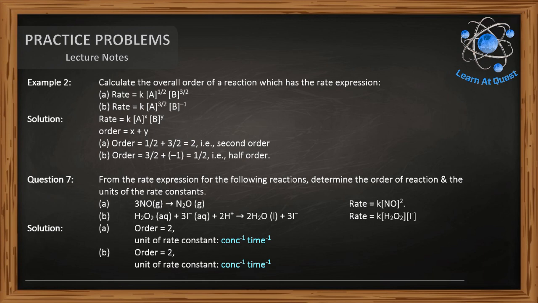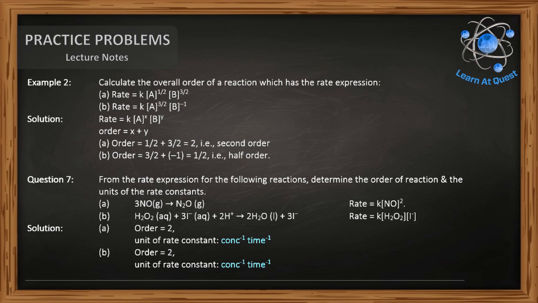In the second subpart, the rate is defined as K multiplied by H2O2 raised to 1 multiplied by I minus raised to 1. Here the order of the reaction with respect to H2O2 is 1, as its exponent is 1, and the order of the reaction with respect to the iodide ion, I minus, is also 1, as its exponent is also 1.